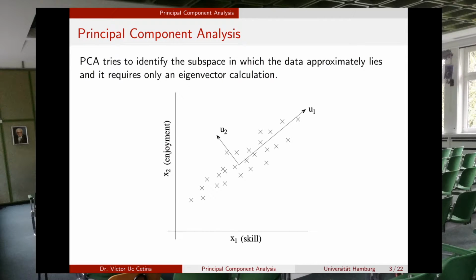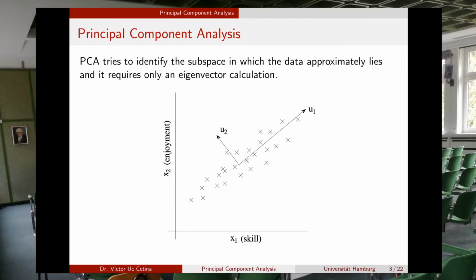Okay, so PCA tries to identify some direction in which the data approximately lies, and it requires only the computation of eigenvectors.